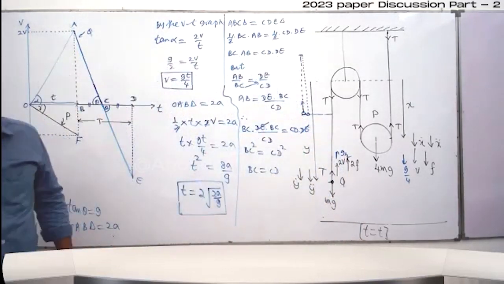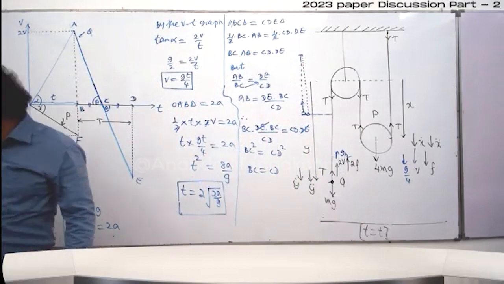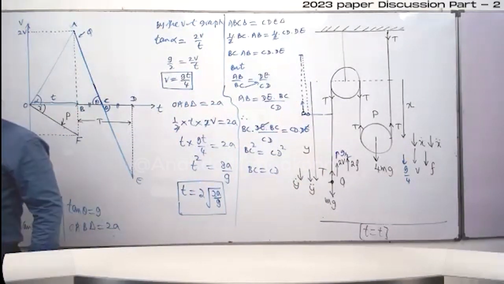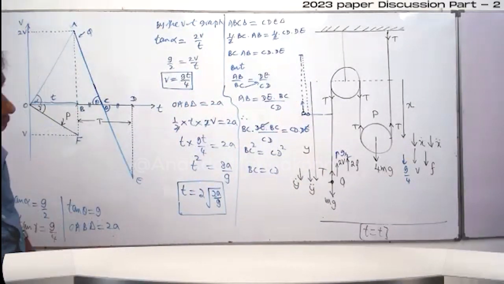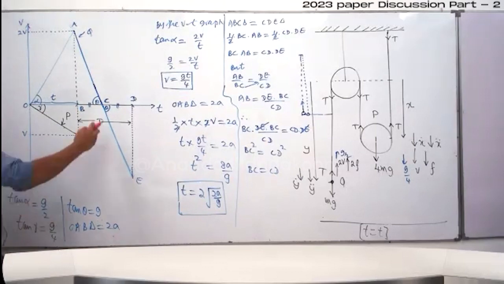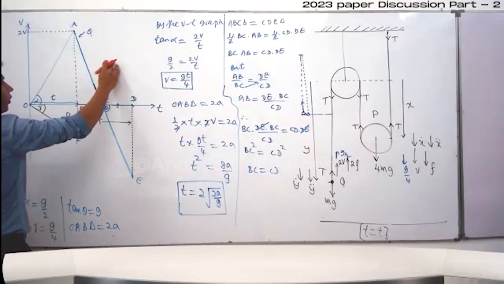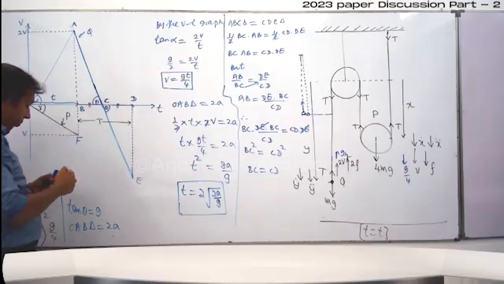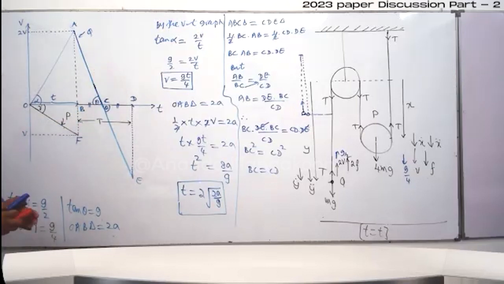Understood? Right. So far, the marks we got, I can give you this way. For the correct diagram, 20 marks given.